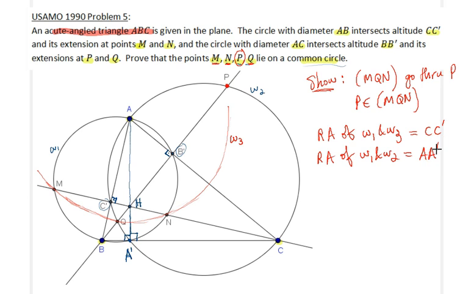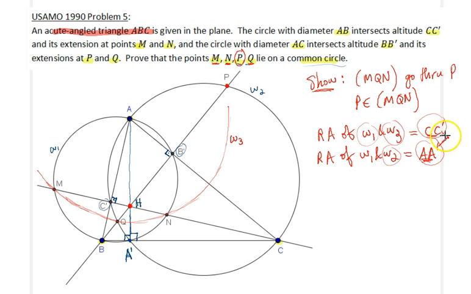So therefore, the radical center of these 3 circles, namely omega 1, omega 2, and omega 3, is the intersection of these 2 radical axes, which is the point H in the intersection of CC prime and AA prime, which is actually the orthocenter.